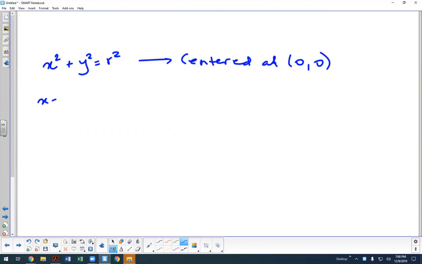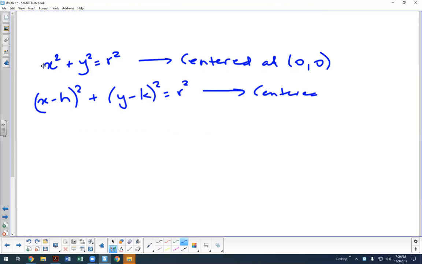When it's centered at something other than that, then you have the one with the h and k. So either way, you can remember both equations, or basically just put 0 and 0 for your h and k, and you get the same equation.